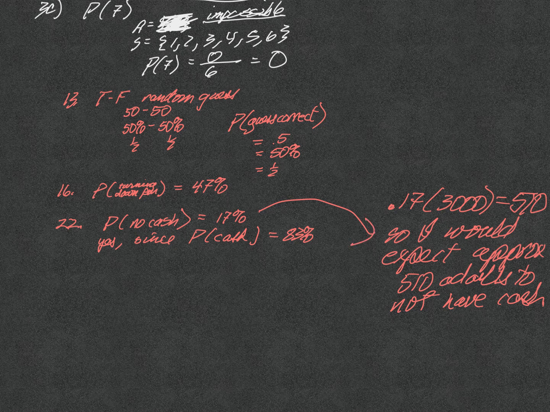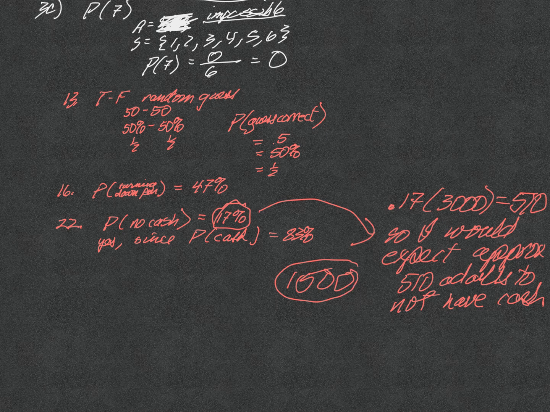Now, suppose you were performing a test here. Let's do the rare event rule. And suppose from many surveys, this is what we find out about no cash. And suppose then I take a random sample of adults, and I end up with 1,500 of those adults not carrying cash. This would be an unusual result.